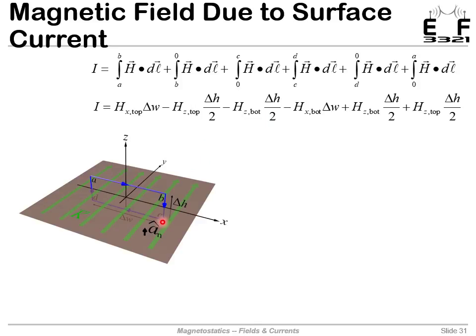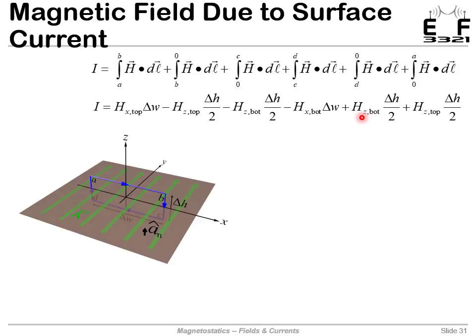All right, then we integrate from C to D. That is in the negative x direction, so we have a negative sign here. And of course, that pulls out the x component of H. And the length of that line integral is delta W. Okay, then we integrate from D to 0. We're integrating in the positive z direction, so we actually have a positive sign here.